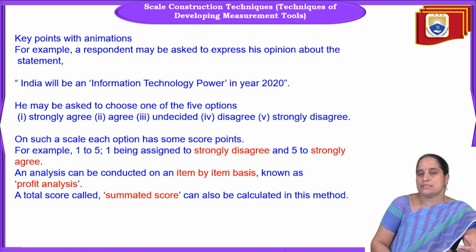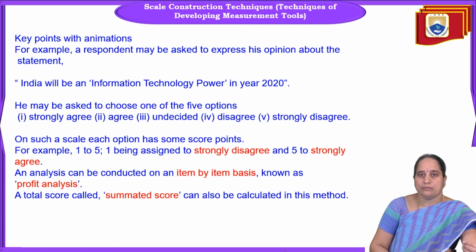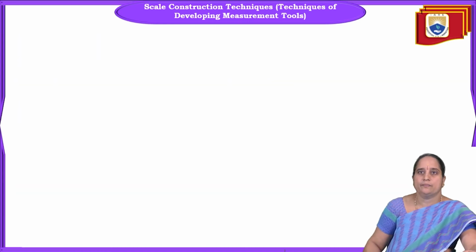So an analysis can be conducted on an item by item basis. That is the reason it is known as item analysis, and whatever score we determine using this method is known as the summated score, and that can also be calculated in this method.